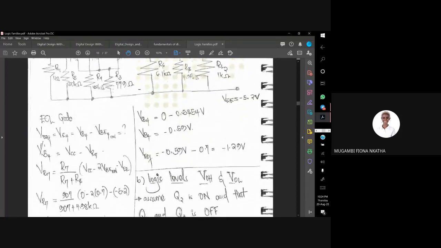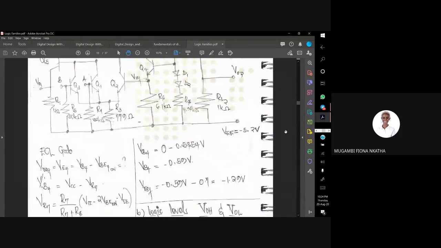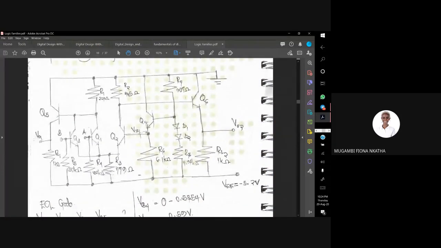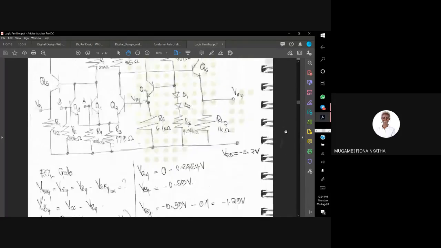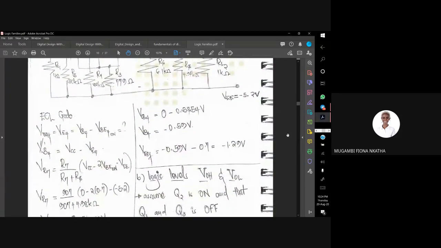So we are going to say VCC minus the voltage drop across the diodes and the power supply, so that you remain with the voltage drops across R7 and R8. Then to find the voltage drop at this junction, you say R7 over R7 plus R8 times the voltage drop which remained.